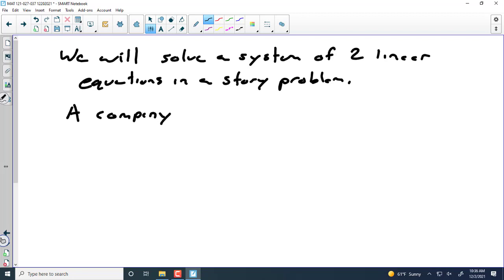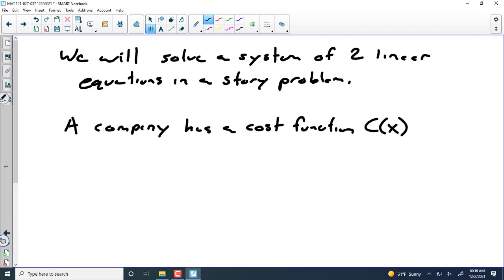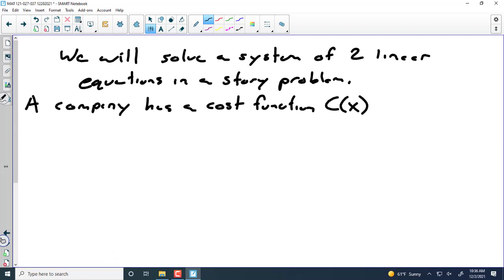A company has a cost function, which is going to be C of x equals 8x plus 36,450. Don't let this problem freak you out.